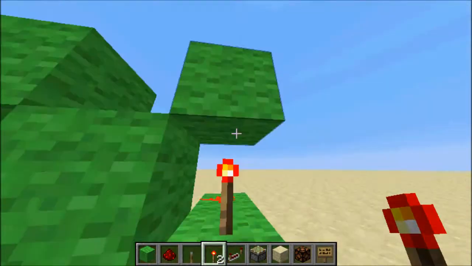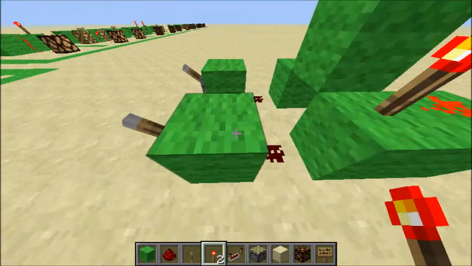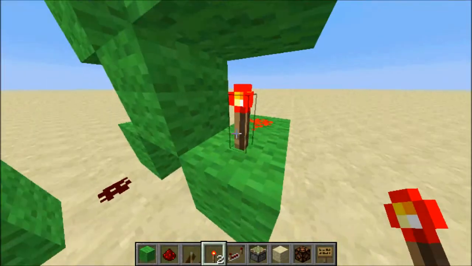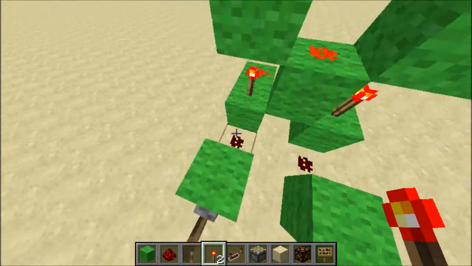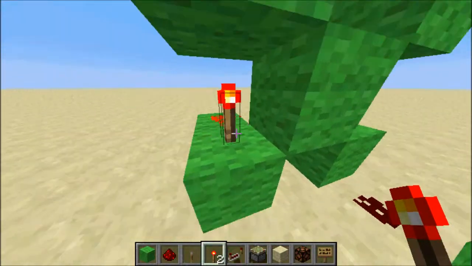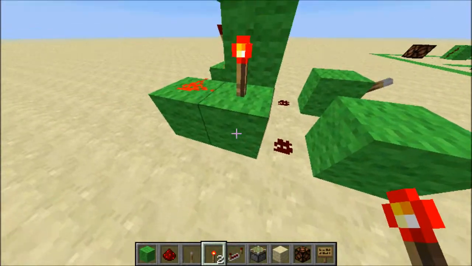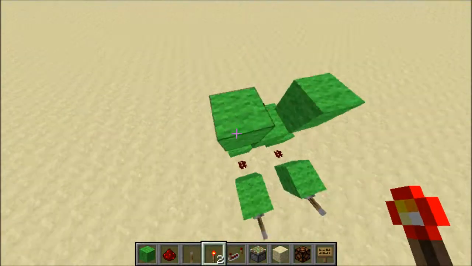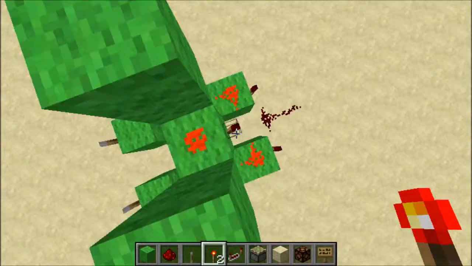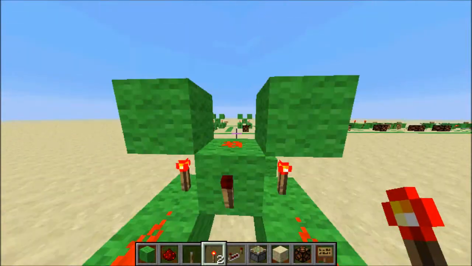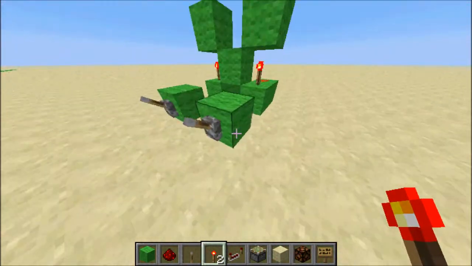One input gets inverted because the power goes to this block, to the torch, up in this block, to this redstone dust here. And the other input gets inverted from the redstone to the block, to the torch, to the block, into this redstone dust. So we OR them together. And we invert them again with this torch. So this is just an AND gate.